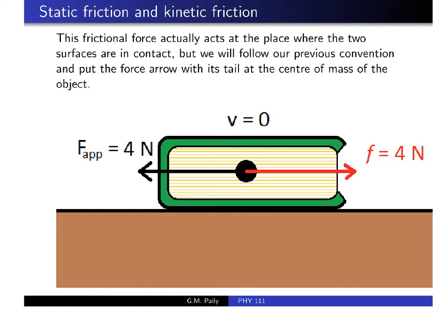As stated before, here is the free body diagram. The applied force and the frictional force. As usual, the arrows starting from the dot representing the book. There isn't any actual motion, so the velocity is 0.